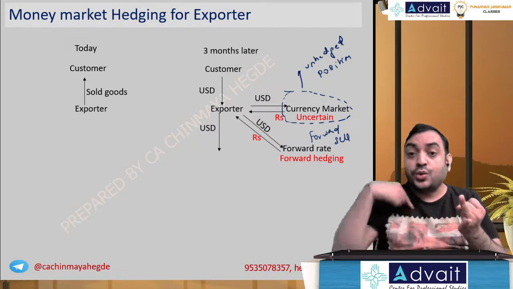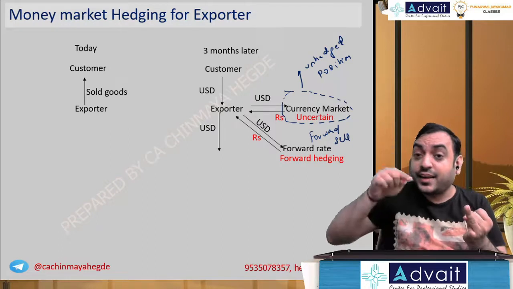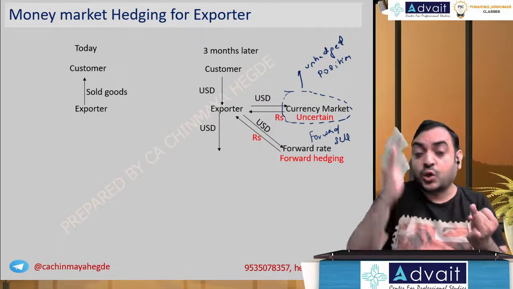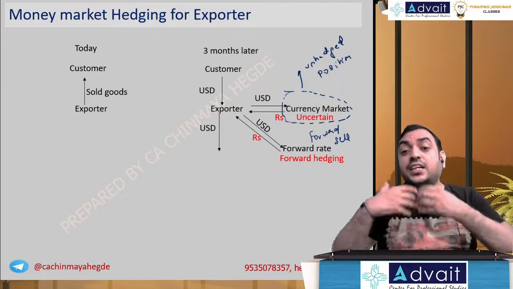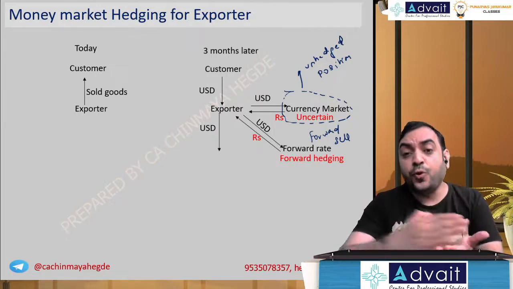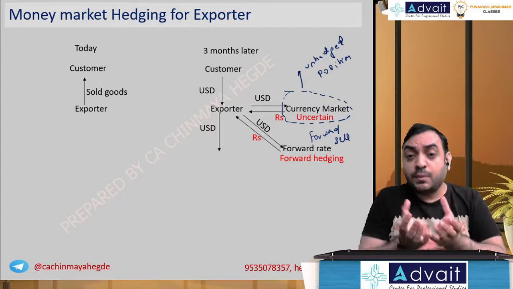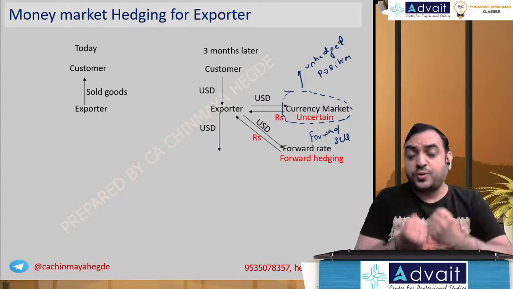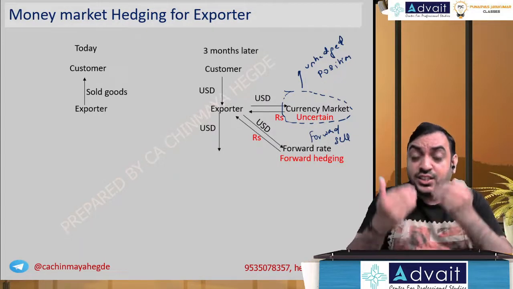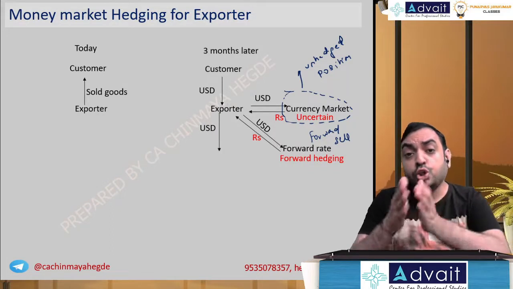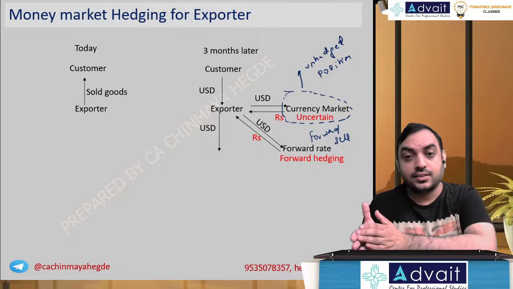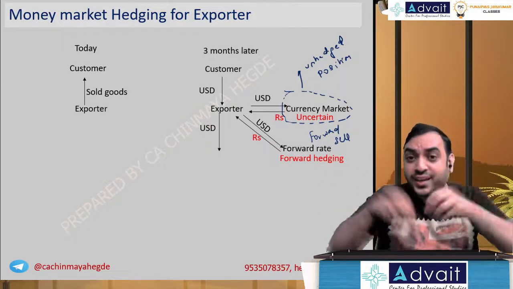Second option, you can sell in the forward market at a rate committed earlier, that's called forward hedging. What is the other way of disposing the US dollars? Remember, you receive USD from your customer, USD is in your hands. What do you do with that? You deposit again. No, I want to get rid of it now.